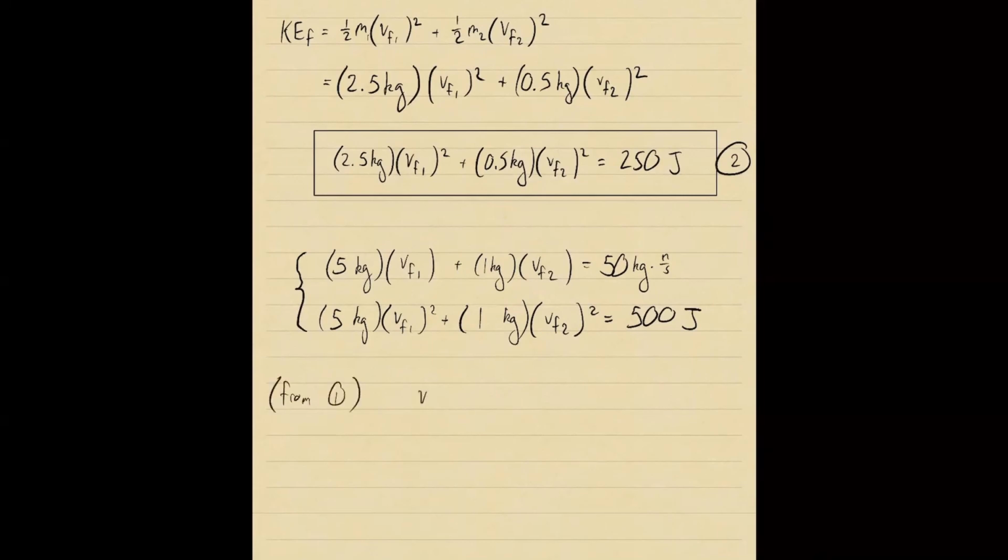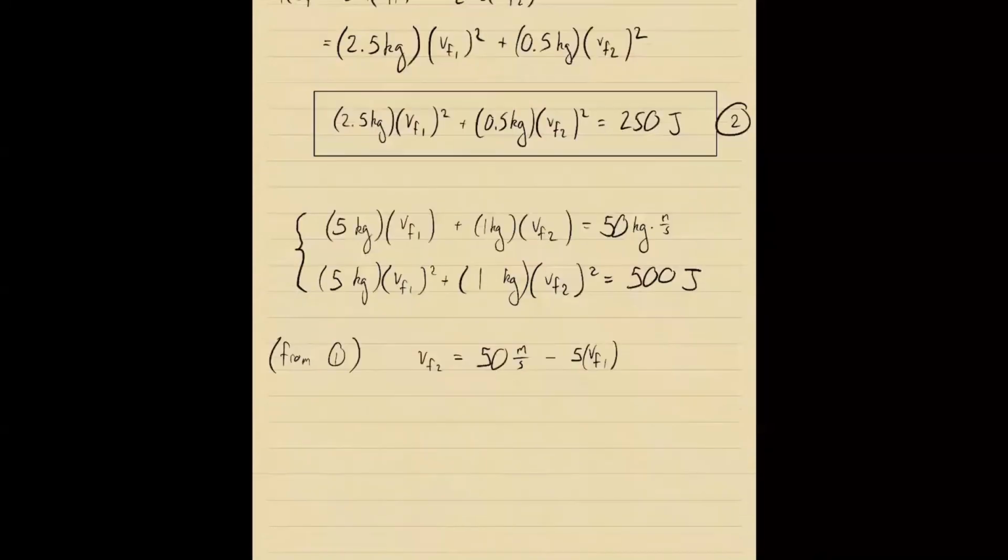We get that the final velocity for our second ball is equal to 50 meters per second minus 5 times V1F, or VF1. Right.